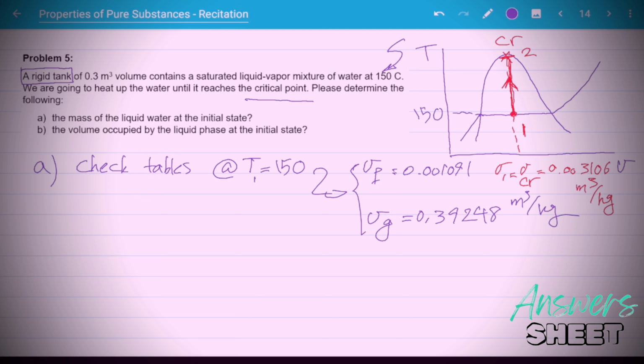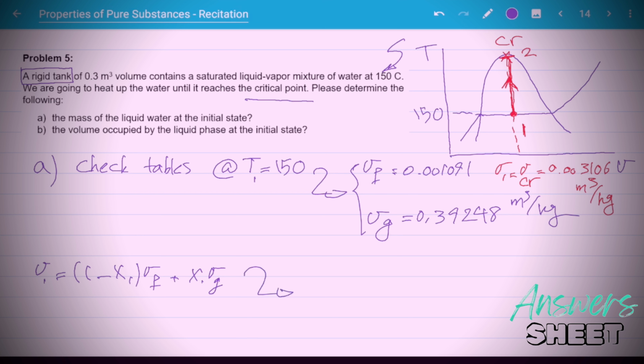Now we know that our specific volume is 1 minus the quality of the initial phase, times the specific volume of saturated liquid, plus the quality times the specific volume of saturated vapor.